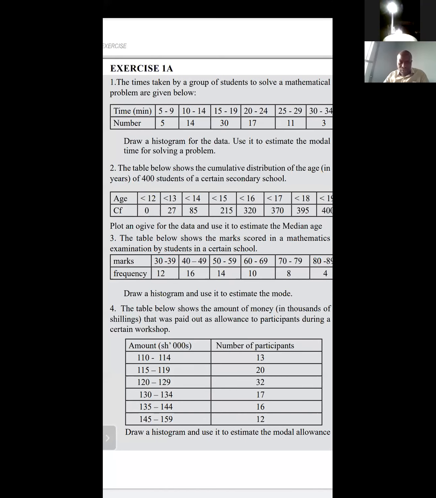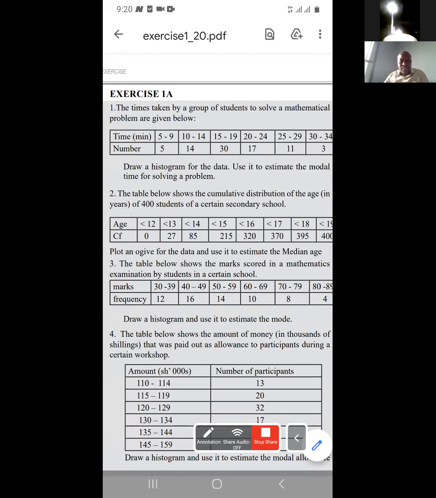Under 12, 0; under 13, 27; then 85, 215, 320, 370, 395, up to 400. The question was, plot an ogive of the data and use it to estimate the median.